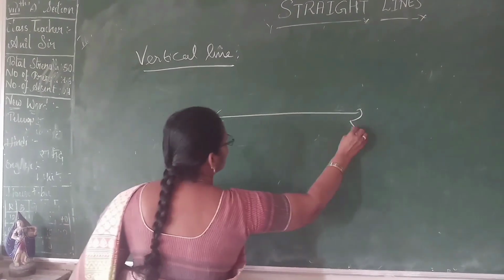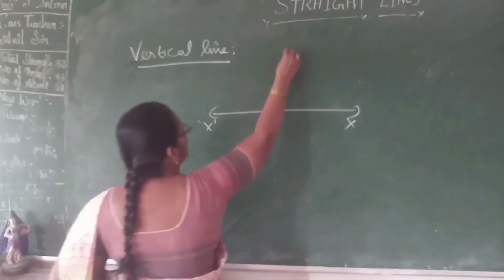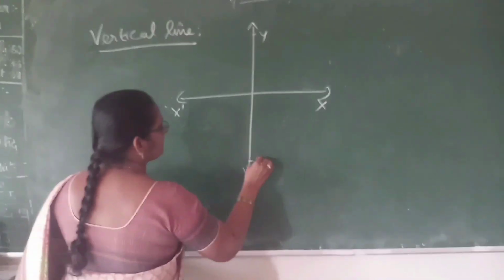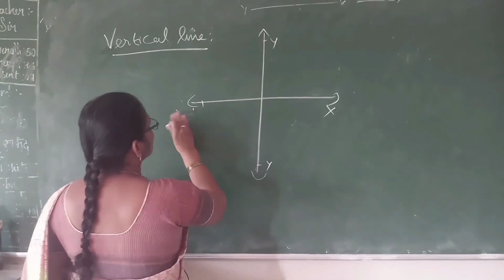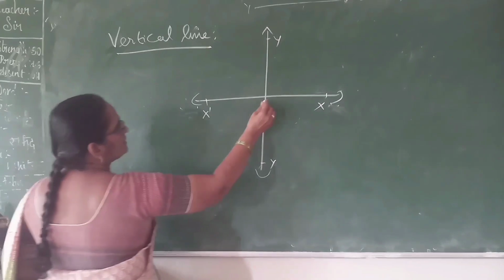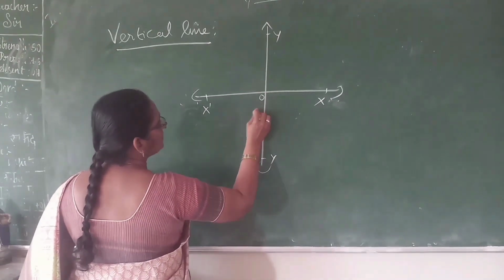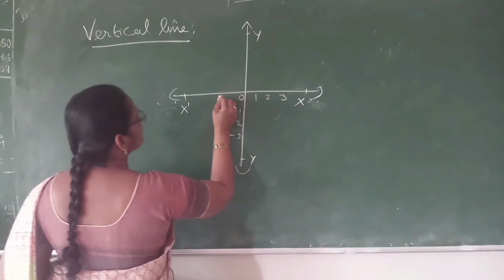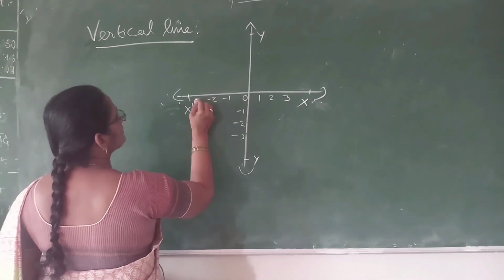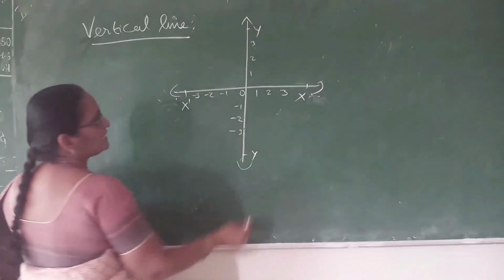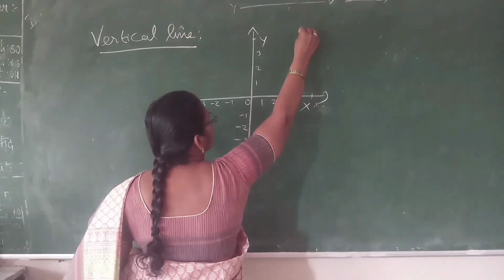So again you take the coordinate axes x, x dash, y, y dash. Suppose, so vertical line means we can take it from here.